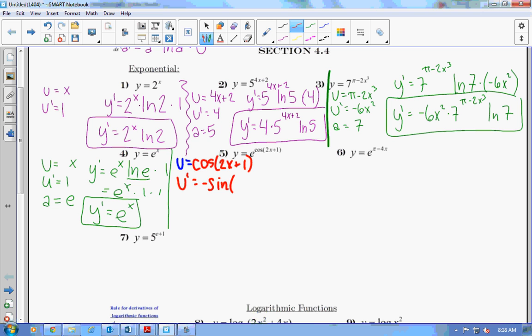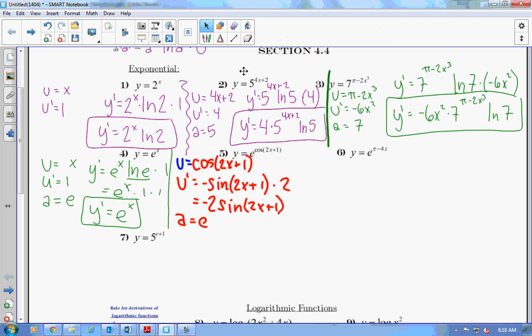Okay, and then we still have the same stuff times the derivative of 2x plus 1, which is just 2. So u prime ends up being negative 2 sine of 2x plus 1. And a is the e. Okay, so go through, apply our exponential derivative rule.